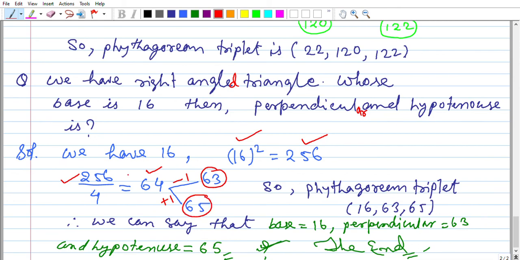That is, the predecessor of 64 is 63 and the successor of 64 is 65. So the Pythagorean triplet is 16, 63 and 65 respectively. Base equals 16, perpendicular equals 63 and hypotenuse equals 65.